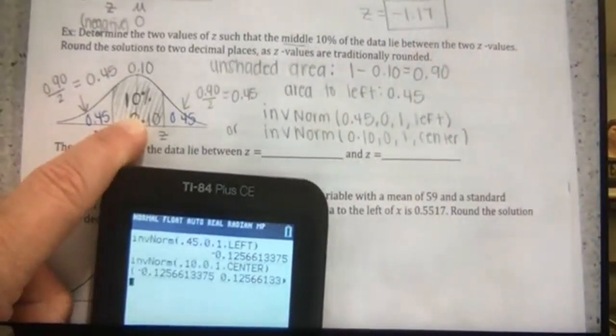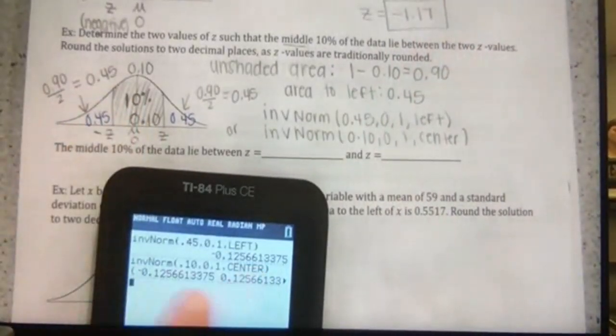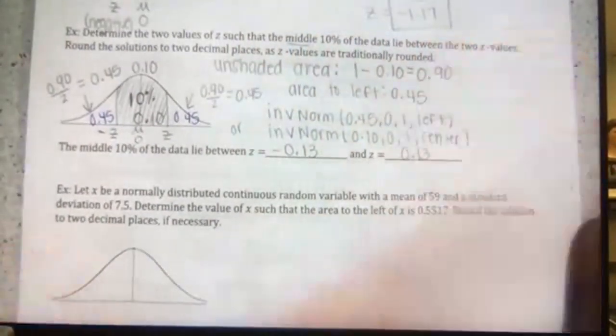Pressing paste, it gives you both of them: negative 0.13 and positive 0.13. So in between Z is negative 0.13 and positive 0.13.